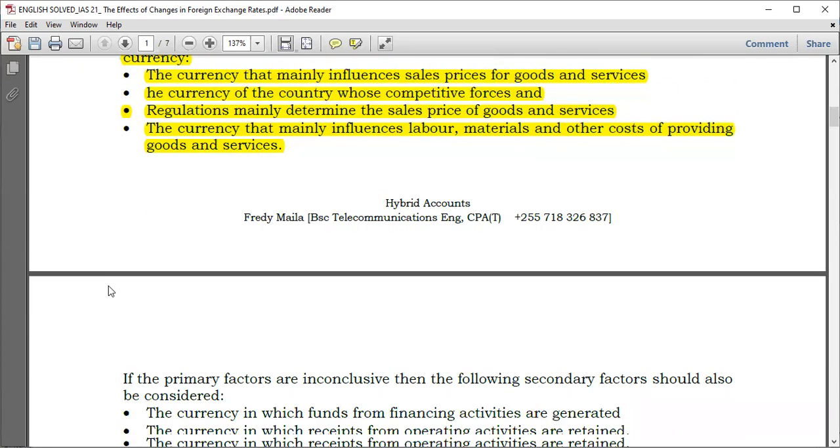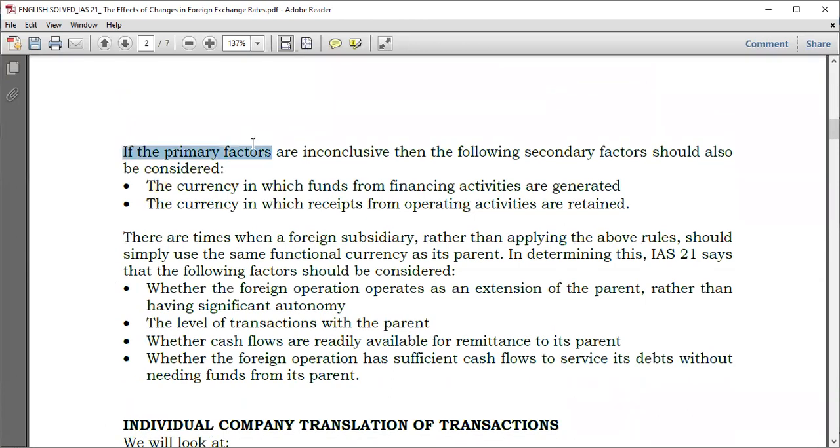And then now we say here, if the primary factors are inconclusive, then the following secondary factors should also be considered, right? Let's say you have checked the primary factors, some favor one currency and some the other currency. That means you won't have made a conclusion. So consider the following. The currency in which the funds from the financing activities are generated.